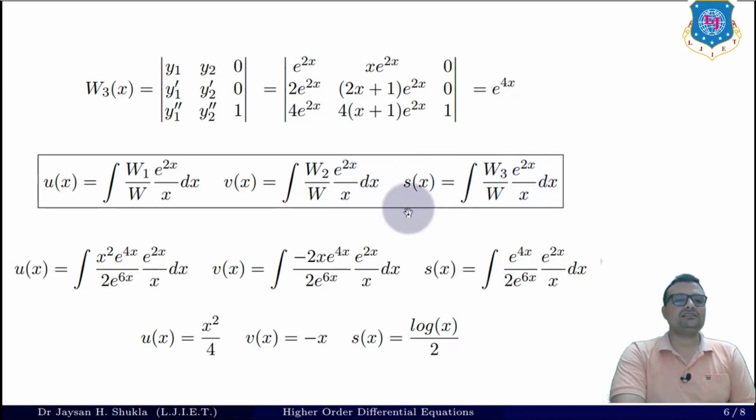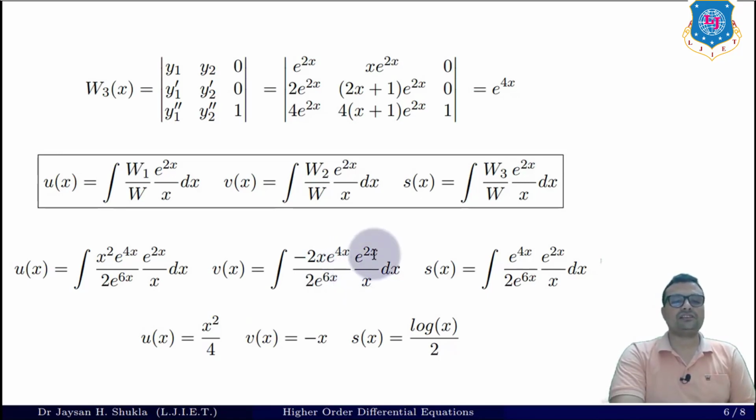Now let us consider the value of w1. w1 is x square e raised to 4x and w is 2 e raised to 6x. So over here e raised to 6x is cancelled with this, x is cancelled with this, so we have the integration of x by 2 and that means the value is x square by 4. In v we have w2 as minus 2x e raised to 4x upon w as 2 e raised to 6x into e raised to 2x by x.